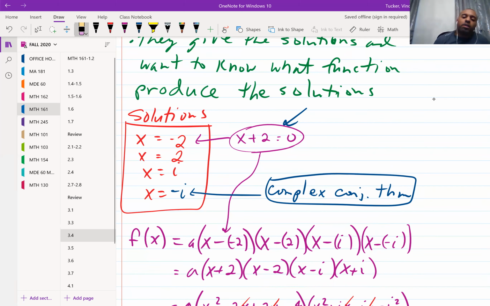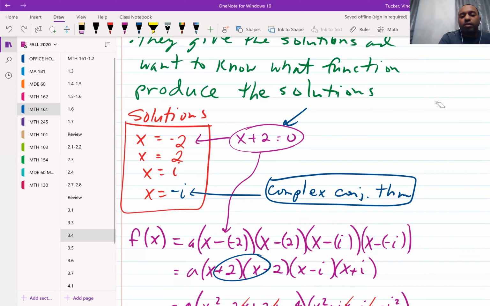Any problem with that? All right, so we're going to FOIL out these two and FOIL out these two, multiply those out. That would be the easiest way to take care of that versus doing them in any type of different order.